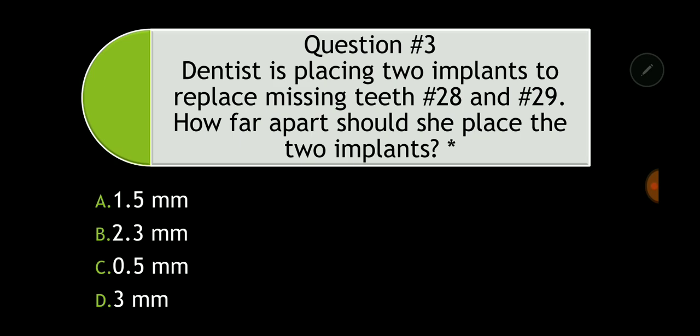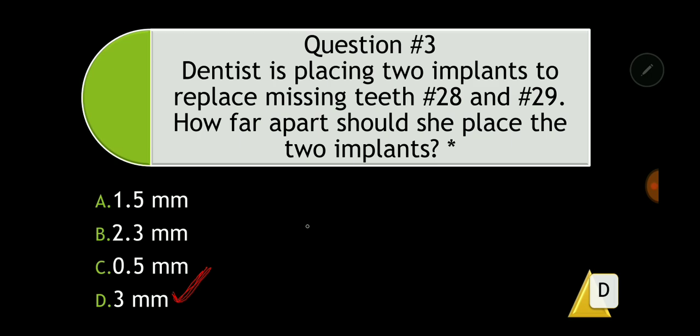A, 1.5 millimeters, B, 2.3 millimeters, C, 0.5 millimeters, or D, 3 millimeters. So at least 3 millimeters apart. If you're putting two implants in a dental site, those two implants have to be 3 millimeters apart. So the answer is D.